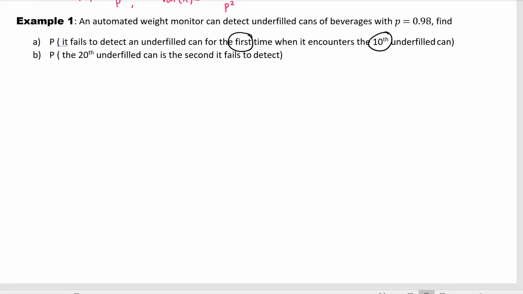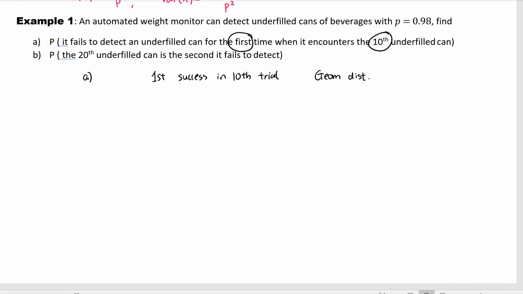When you see some order involved, think about the geometric distribution and the negative binomial distribution. Part A is the first time when it encounters the 10th can, so it's like the first success in the 10th trial. In this case, we have the geometric distribution.